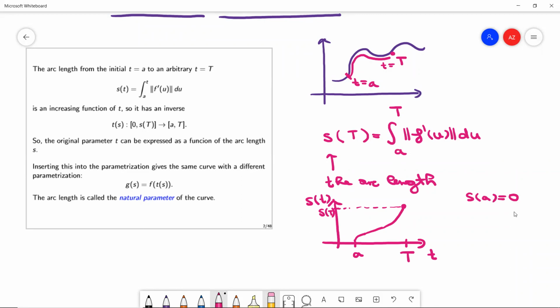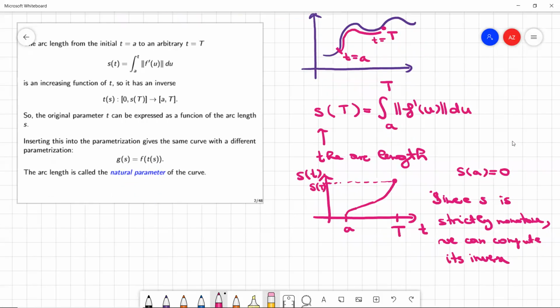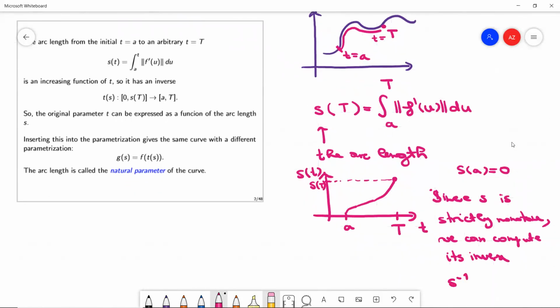And you know from analysis that when we have an injective monotone function, then we can compute its inverse. So since s is strictly monotone, we can compute its inverse, s inverse, s^(-1).